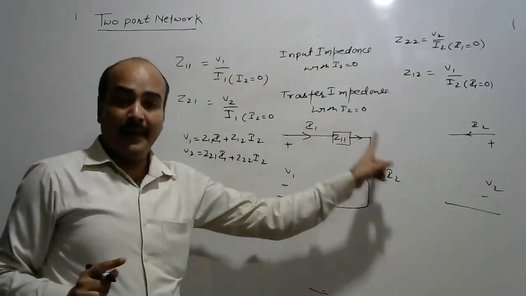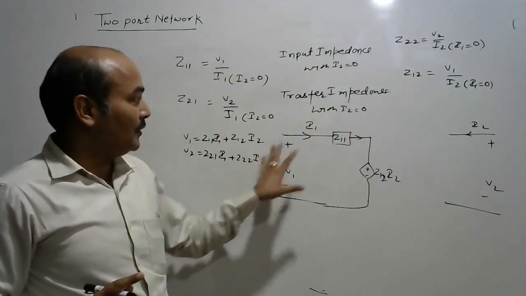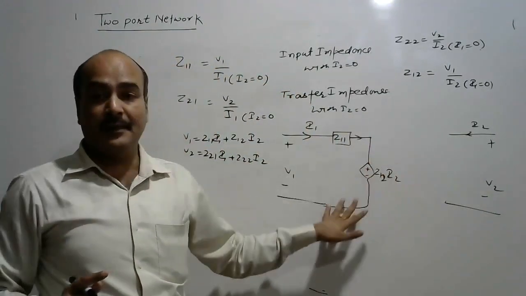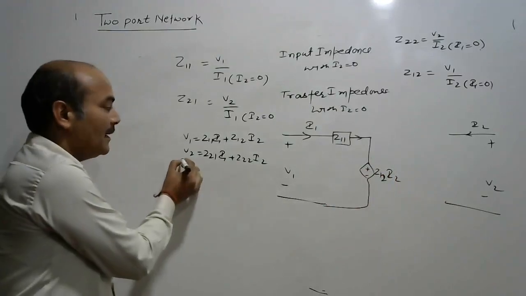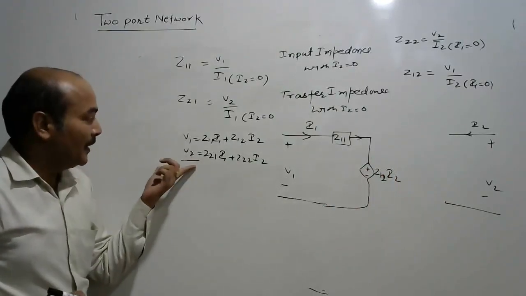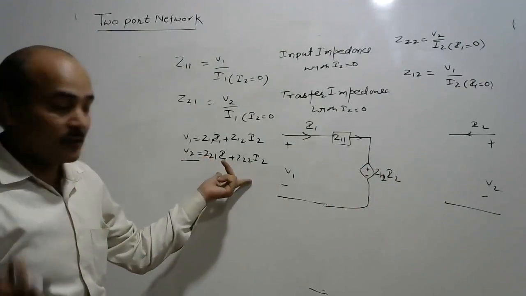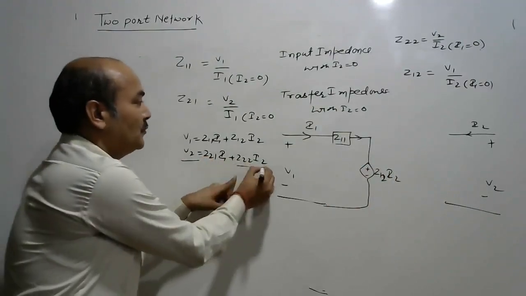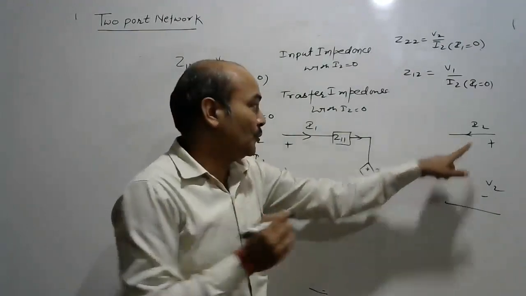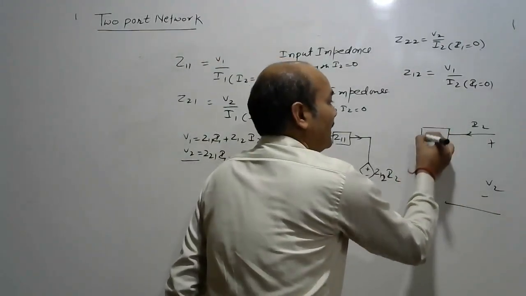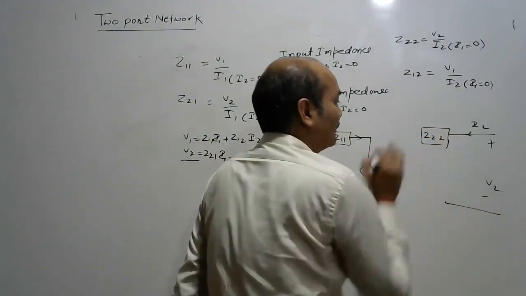If you apply KVL, V1 equals Z11 I1 plus Z12 I2. Same at the output terminal, V2 again has two terms, and these two terms are also voltages. First, Z22 I2, where I2 is the output current, so there is an impedance, that is Z22.